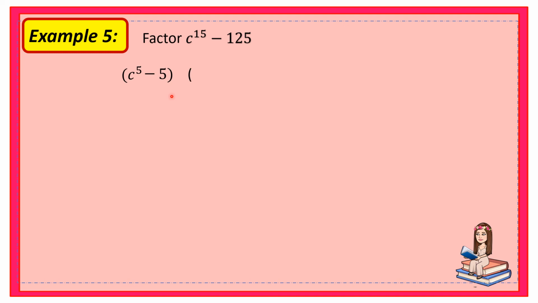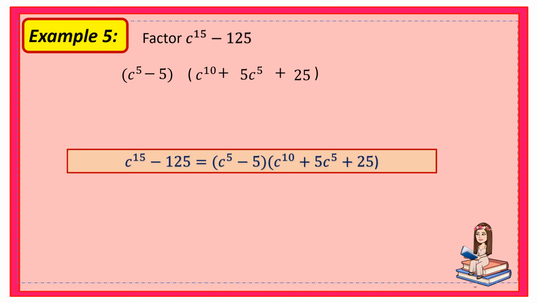Now, for the other factor, c to the 5th squared. So, that's c to the 10th. Opposite operation. So, we have positive. And then multiply, or plus rather, multiply 5 and c to the 5th. So, 5c to the 5th. And then always positive or always plus. And then you get the square of 5, which is 25. So, that is our factor.